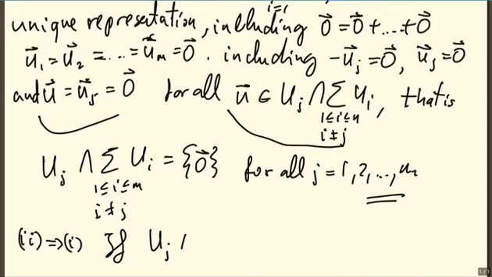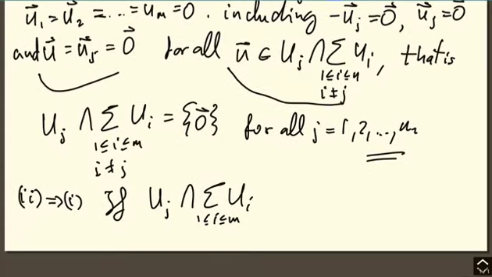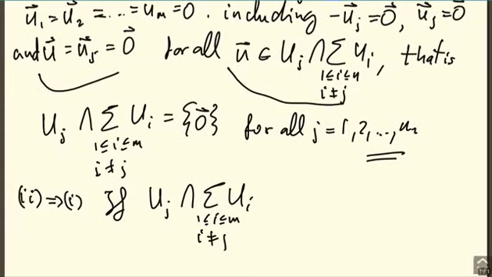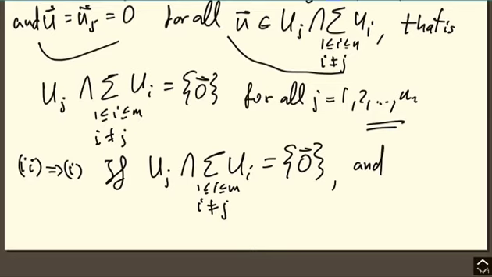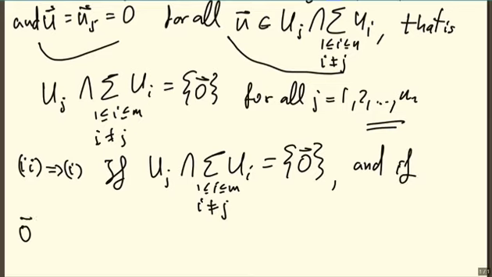The other direction, to show that 2 implies 1: if uj intersection with the rest of the ui's, the sum going from 1 through m with i different from j, is the set with the 0 vector only, and if we have a representation of the 0 vector with some u1, up to uj, up to um vector.